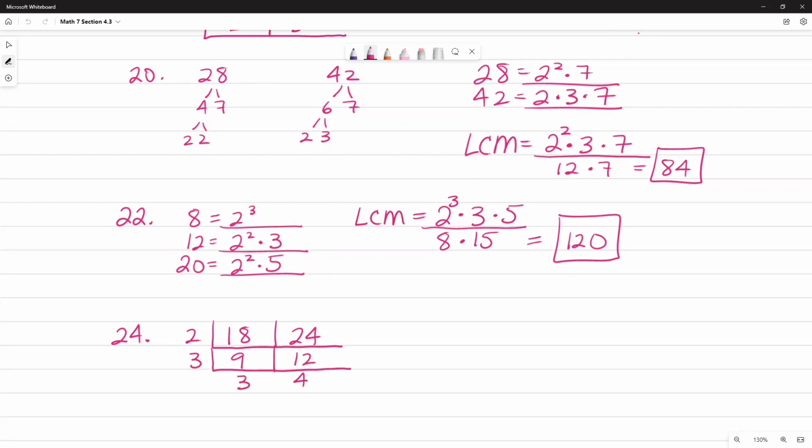Those are relatively prime, so I'm done. I do know that 4 is 2 squared, so the LCM is 2 cubed times 3 squared, which we have already discovered is the prime factorization of 72.